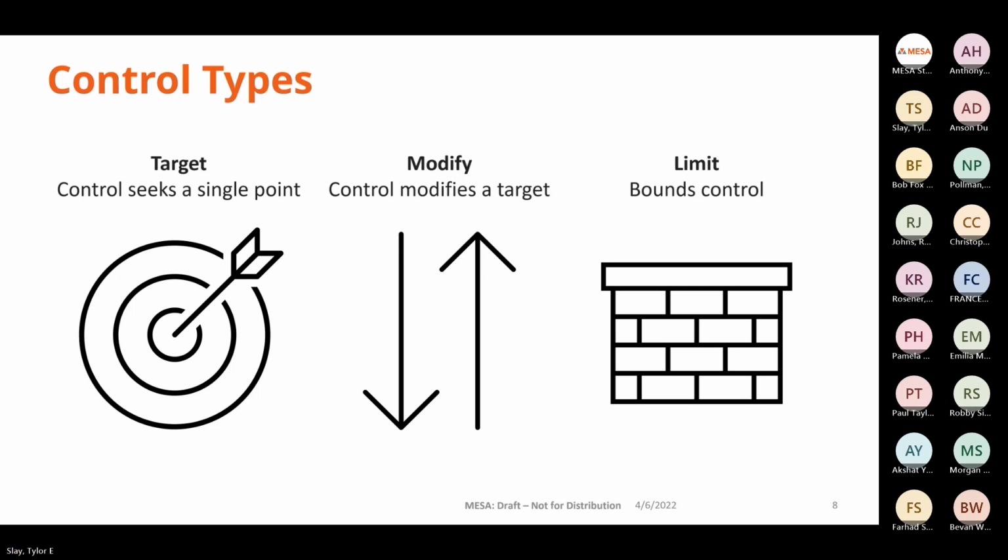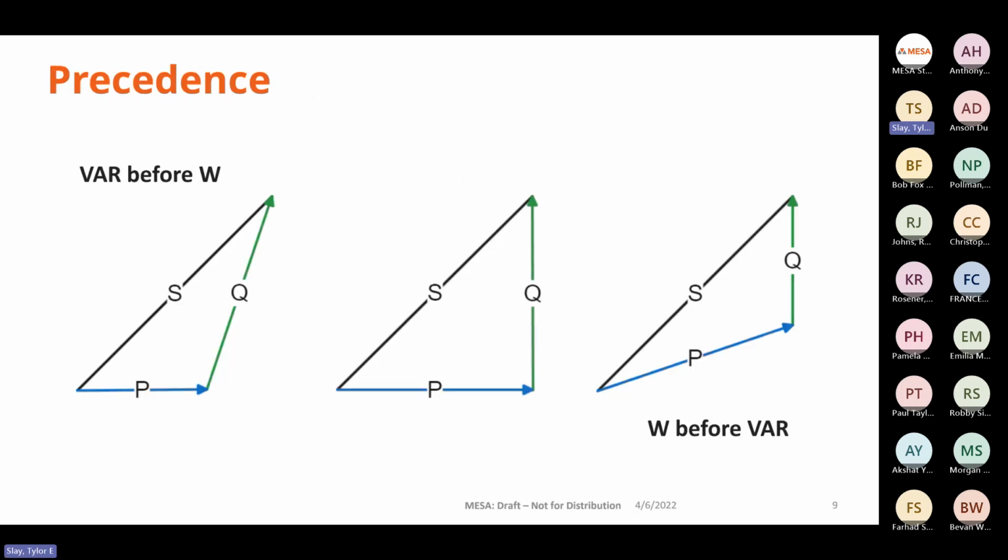We also have precedence. Most inverter-based resources and DERs have 4-quadrant control. So if you are trying to do an active power control and a reactive power control, there's only so much you can have of each. Precedence dictates which one gets priority over the other.